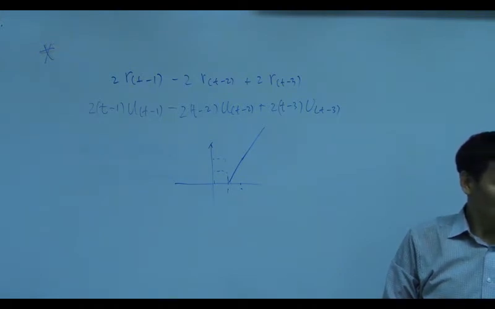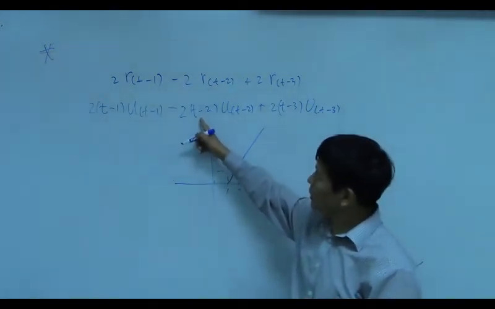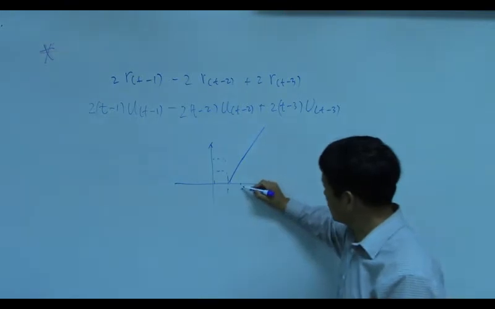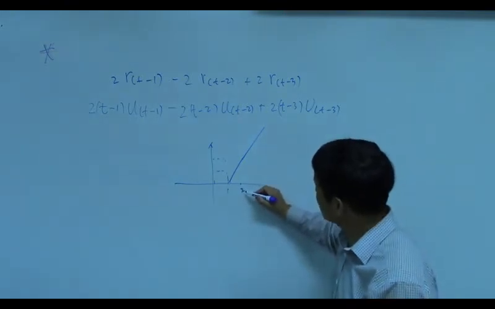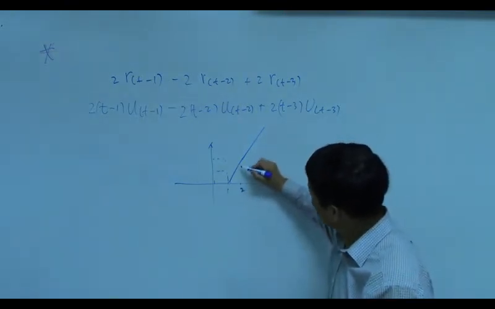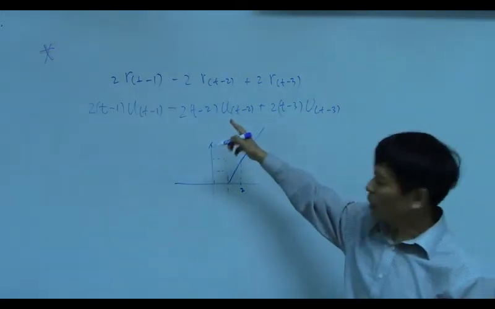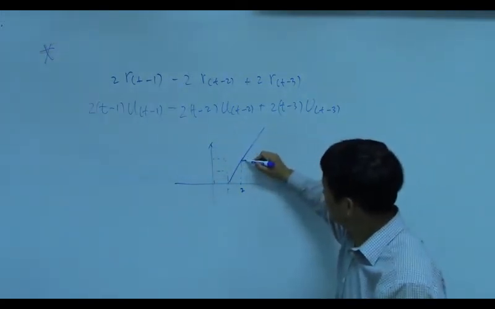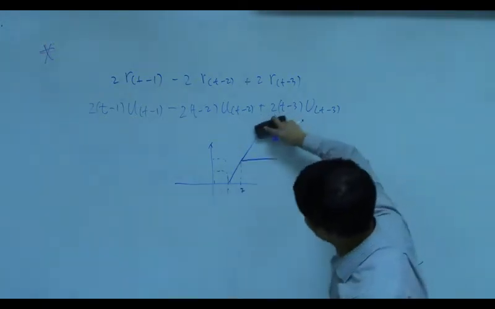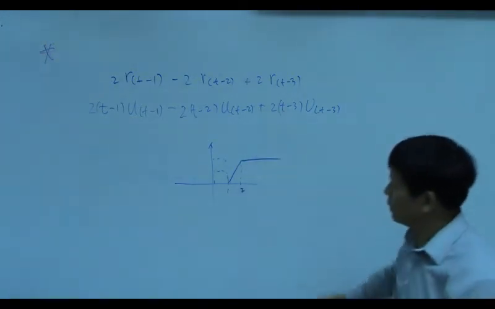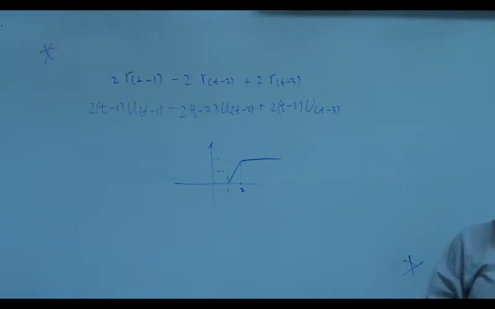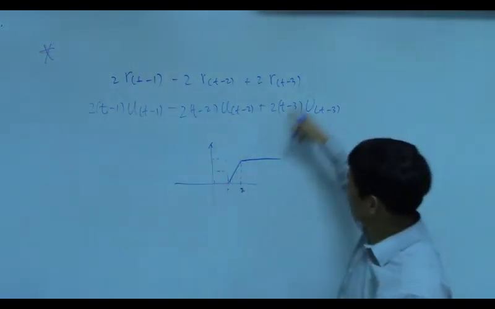Now this one is at t equals 2. So at this point it's here, then you bend down by 2, so it will go this way. This one is gone, so we have this.